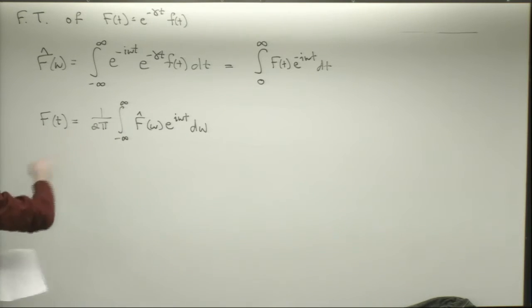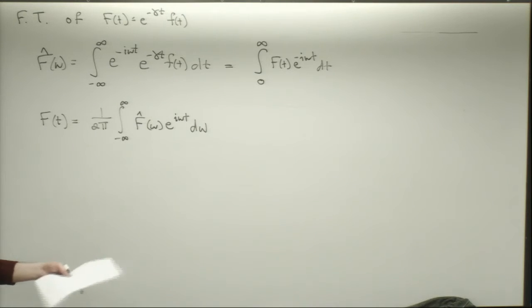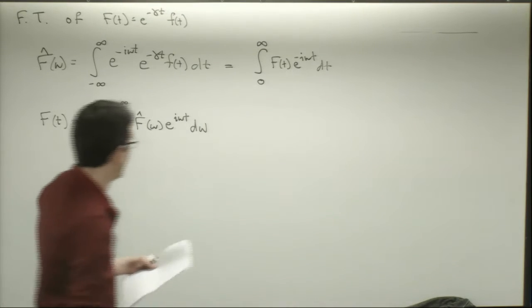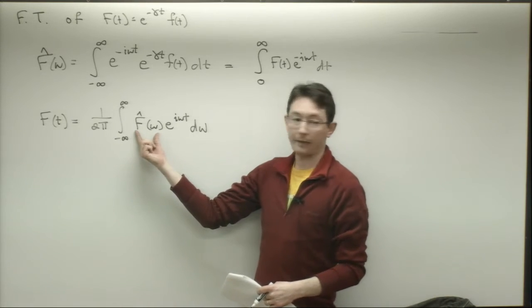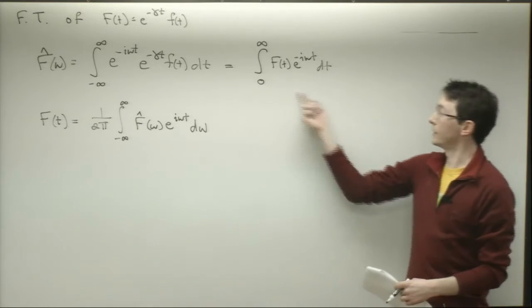And the last thing, I'm just writing down the Fourier transform in terms of f. This is totally review. We know what this is. But now I'm going to take this f hat and replace it by this expression here.